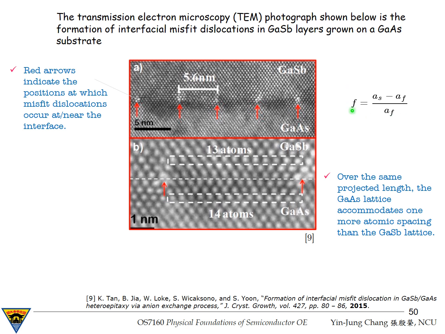If f is small, dislocations are spaced far apart, and if f is very large, then dislocations are closer together. So from a materials engineering standpoint, a larger mismatch leads to higher dislocation density. And the higher the dislocation density, the worse the device performance.